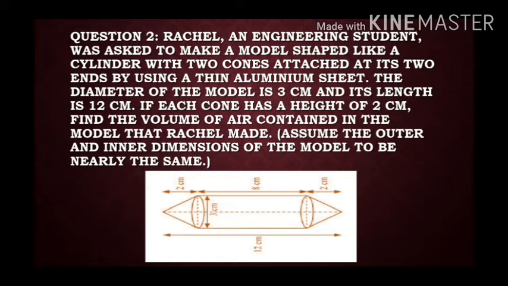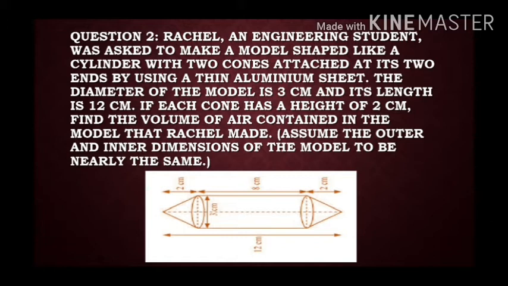Rachel, an engineering student, was asked to make a model shaped like a cylinder with two cones attached at its two ends by using a thin aluminum sheet. The diameter of the model is 3 centimeter and its length is 12 centimeter.